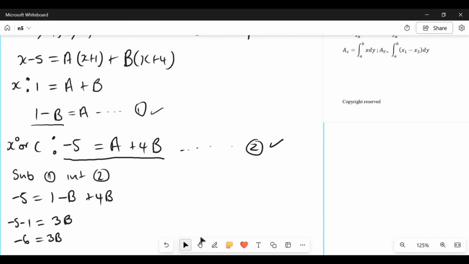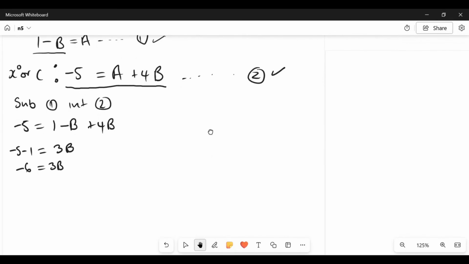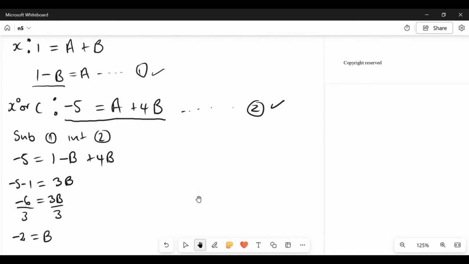Let's create more space. So we divide by 3 throughout. So negative 2 is equal to b. There we go. So if b is equal to negative 2, we can find a. How? Let's go back to equation 1. Equation 1 is 1 minus b is equal to a.